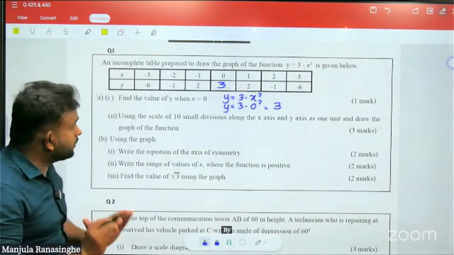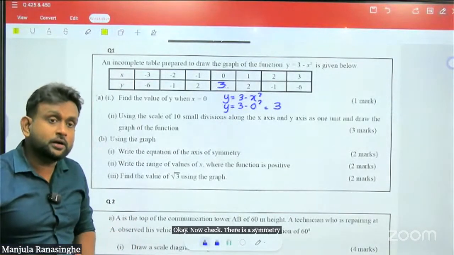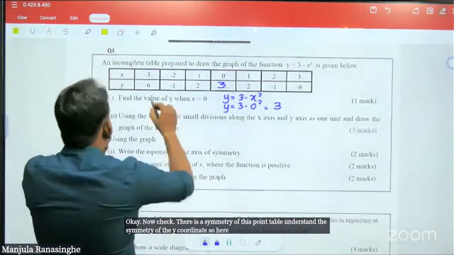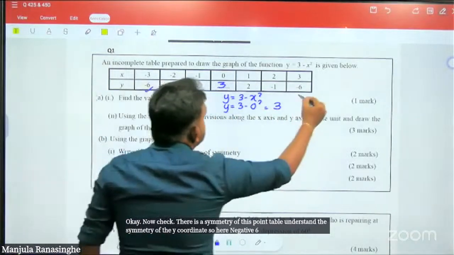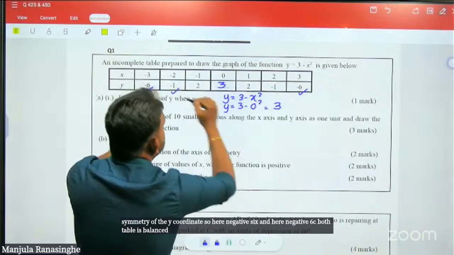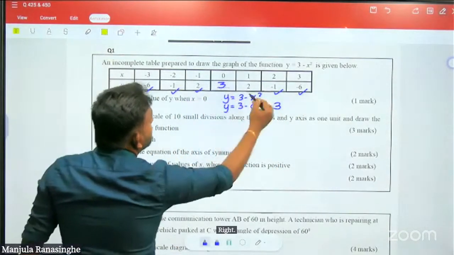Okay, now check. There is a symmetry of this point table. Understand the symmetry of the y coordinate. So here -6 and here -6. See, both sides of the table are balanced. Then here -1, here -1. Right. And here 2 and here 2.